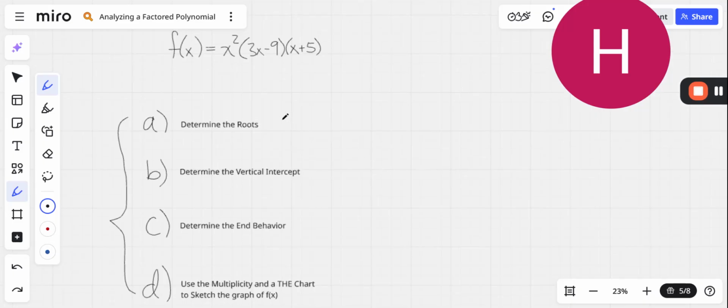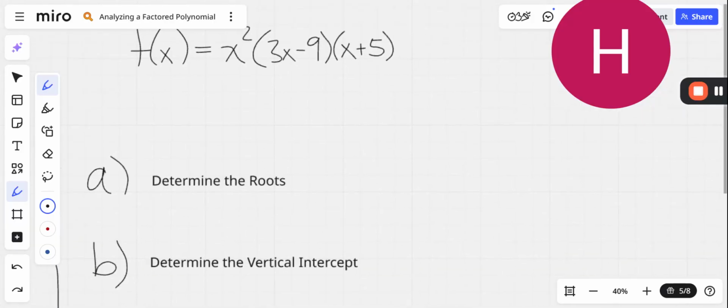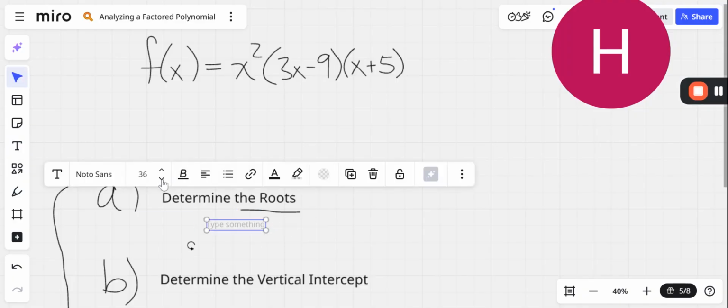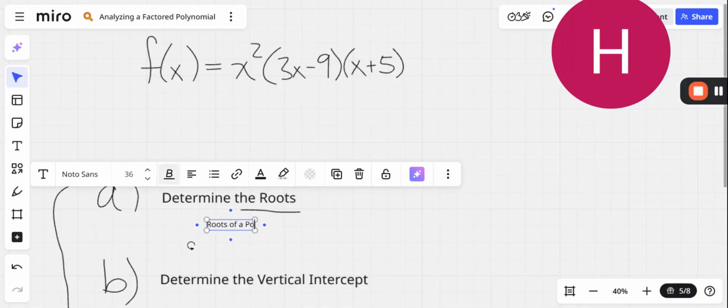Alright, let's get started. If we want to determine the roots of a polynomial, let's remind ourselves, what are the roots of a polynomial? The values for, in this case, x, which make the polynomial equal to 0. That's what a root is.